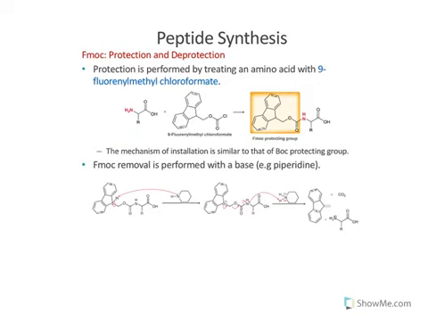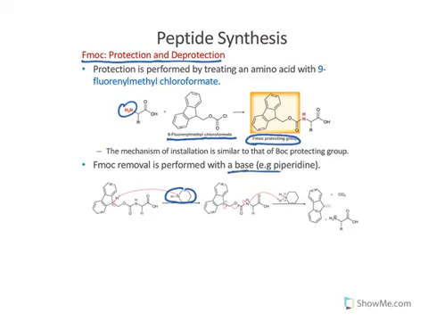Another method we could use is called the FMOC protection. In FMOC protection, we use what is called 9-fluorenylmethyl chloroformate. When we have an amine, it's going to interact in the same fashion like it did with BOC, and we end up installing the FMOC protecting group. For FMOC protecting group, the deprotection requires the use of a base, so the direct opposite of what we did with BOC.